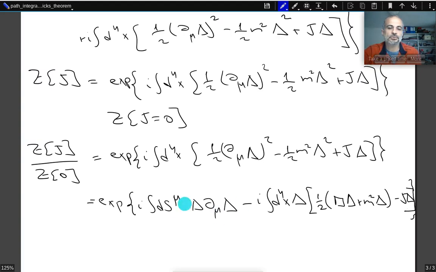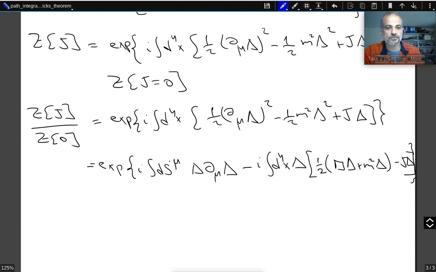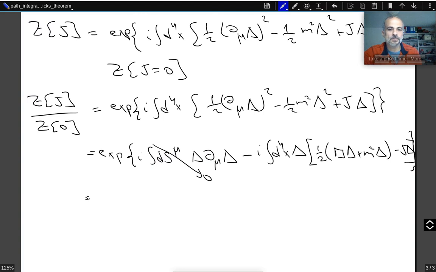But due to the boundary condition that delta satisfies, this first term is 0 because delta is 0 at infinity, and I am left with exponent minus i d4x. Remember, delta satisfies the d'Alembertian plus m squared acting on delta just gives me J. So 1 over 2, there is this overall delta, this delta is out.